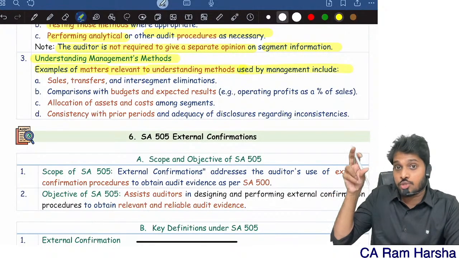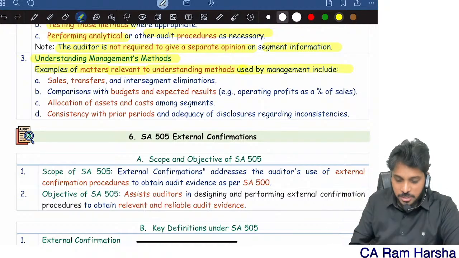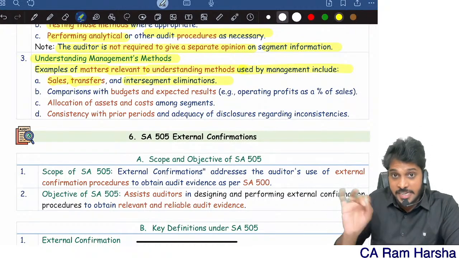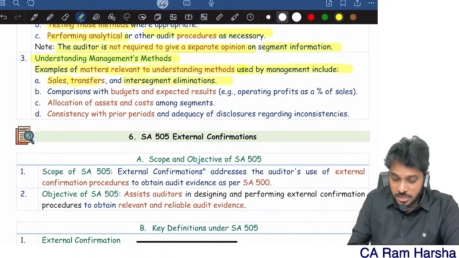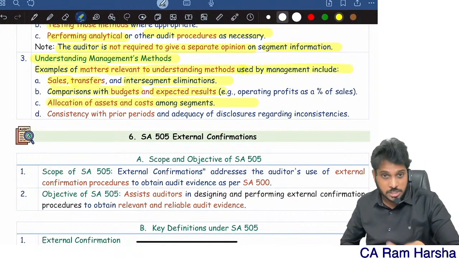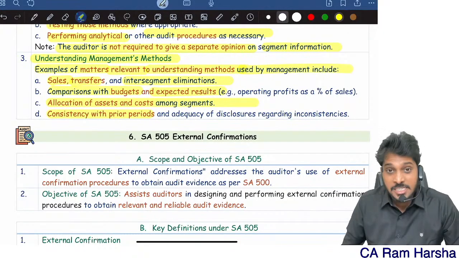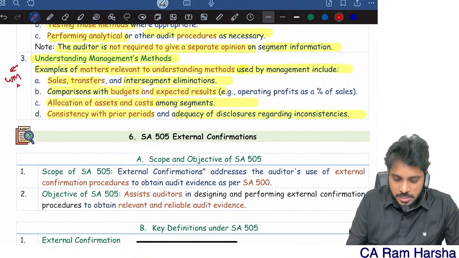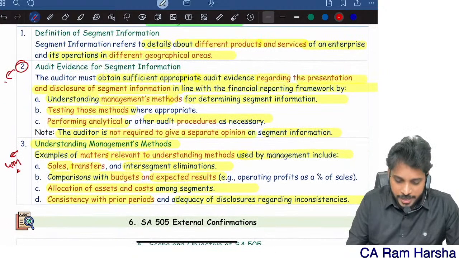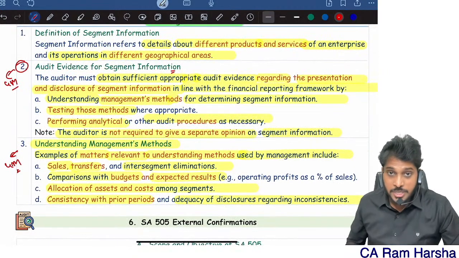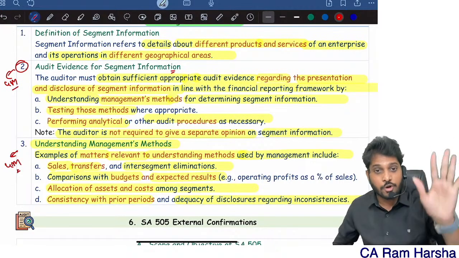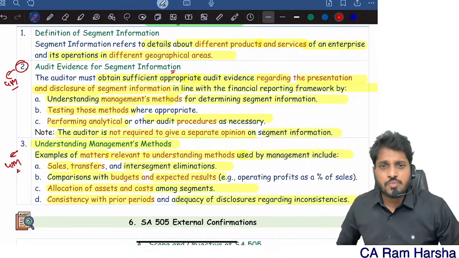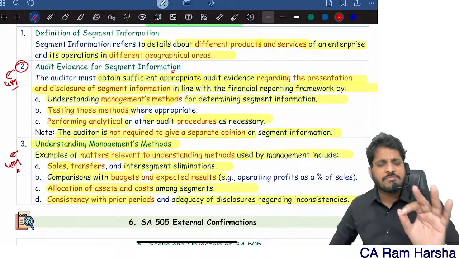When you're checking those methods, keep in mind the following matters: sales, transfers, inter-segment transactions and eliminations, comparisons with budgets and expected results, allocation of assets and cost among the segments, consistency with prior period, and adequacy of disclosure. This itself can be asked as a 4 marks question, or write about audit evidence for segment information. This itself can be asked as a 3 or 4 marks question. That's it. So this is one part in 501.